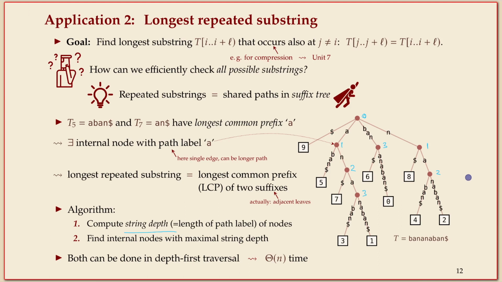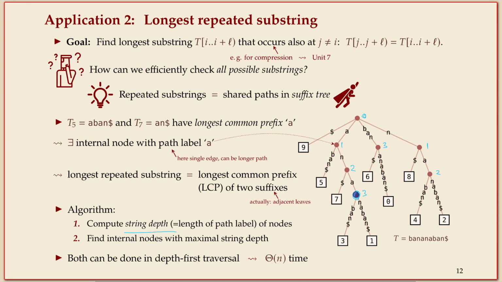If you worry about how to do that, again, you don't really do it. In the compact trie, you already have it. Otherwise, you could do a traversal of the tree, a recursive function that remembers the current depth and passes it down. And then the second step for finding the longest repeated substring is to just pick any node that has maximal string depth. So we could, for example, take ANA.